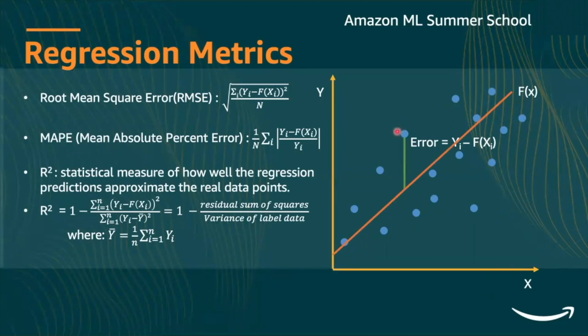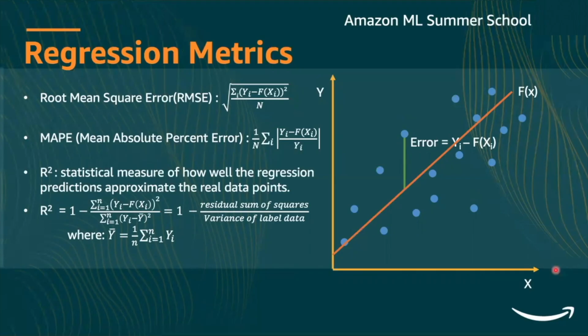Using this error, you can compute root mean square error, which is the square of this error divided by the total number of samples, summed across all the samples, and you take the square root of it. Similarly, you can compute mean absolute percentage error, and you can also compute R square. R square is basically the coefficient of determination.